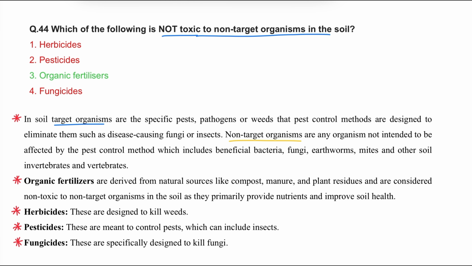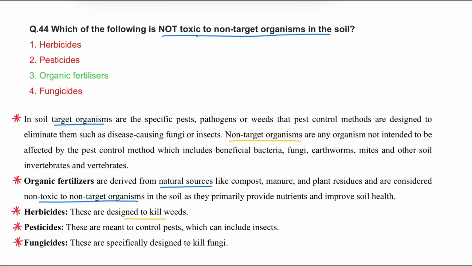In the options, organic fertilizers are derived from natural sources like compost, manure, and plant residues and are considered non toxic to non target organisms, whereas herbicides, pesticides, and fungicides are toxic to non target organisms.